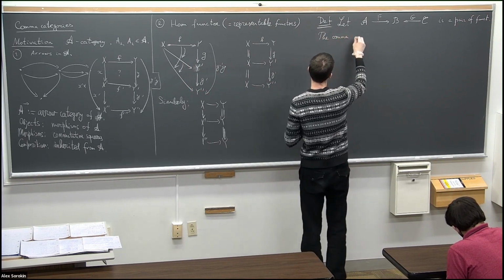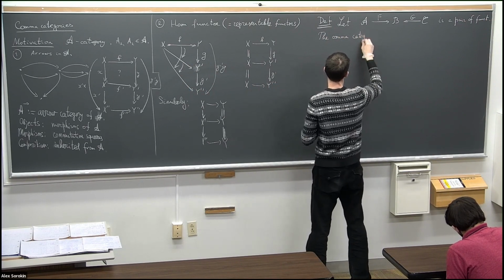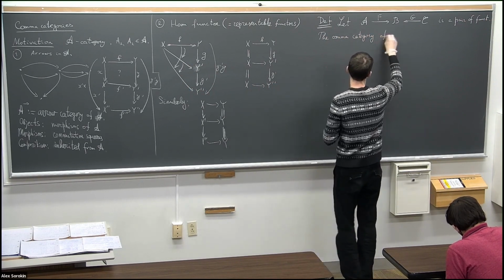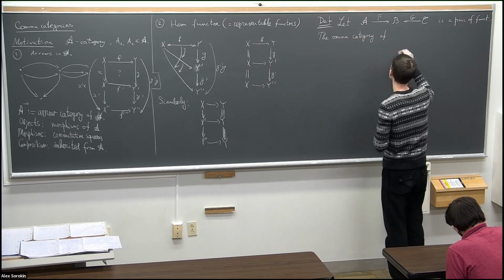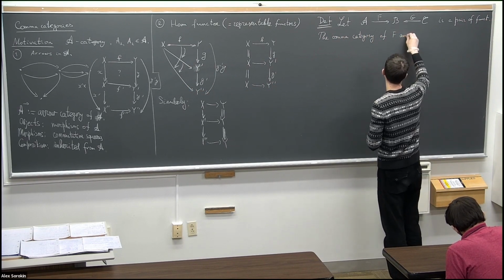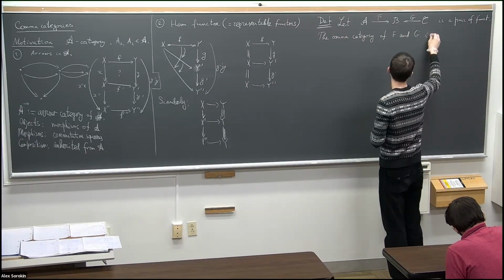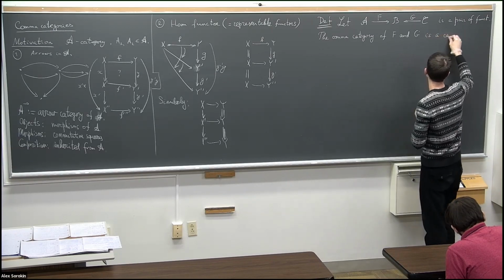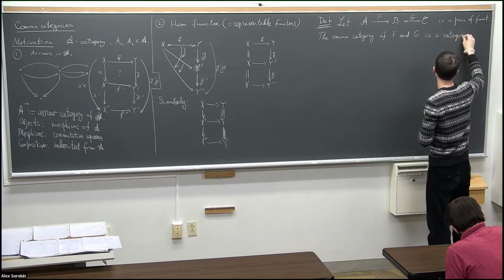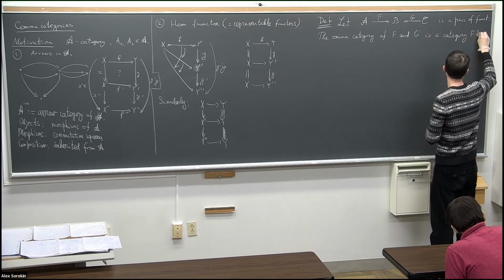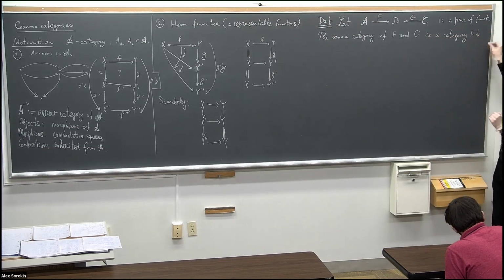A comma category of F and G is a category F, then arrow down G.